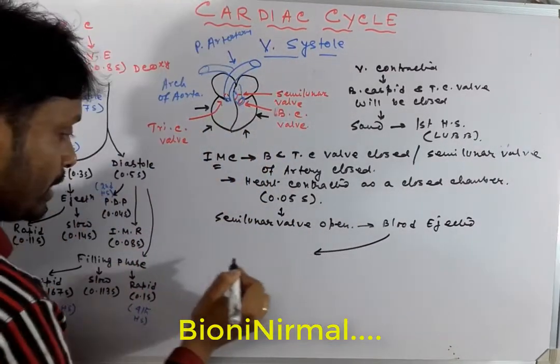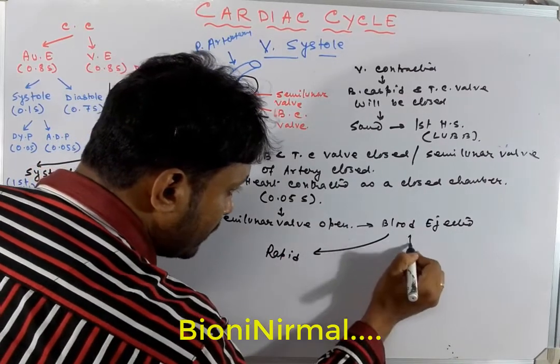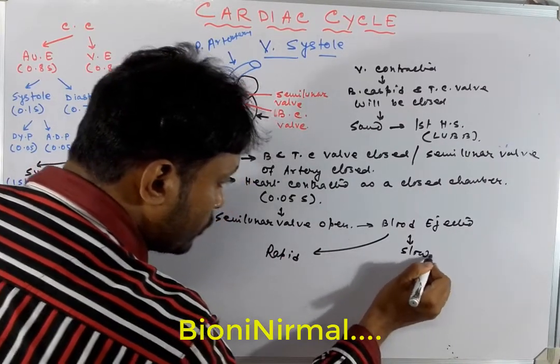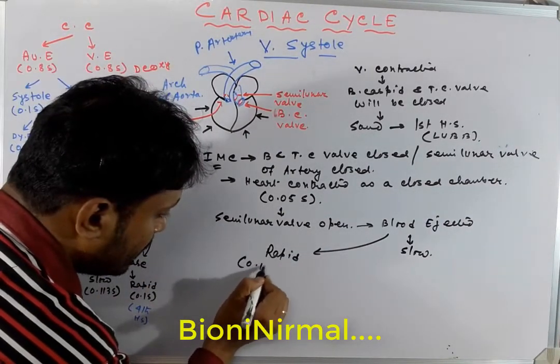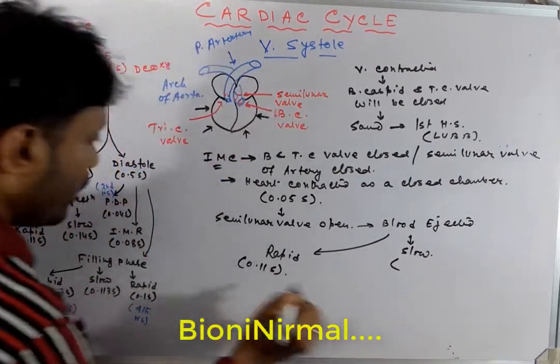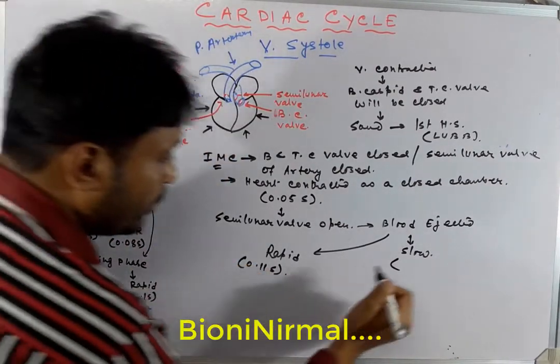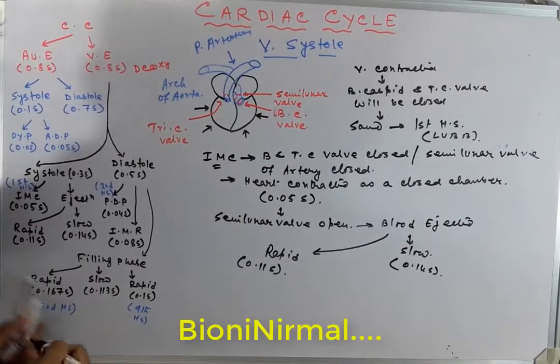And this ejection will be of two types. One is the rapid ejection, and the other is the slow ejection. Clear? In the first 0.11 second, rapid ejection occurs, and in the next 0.14 second, slow ejection occurs.